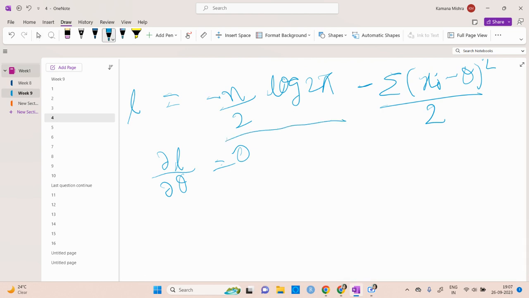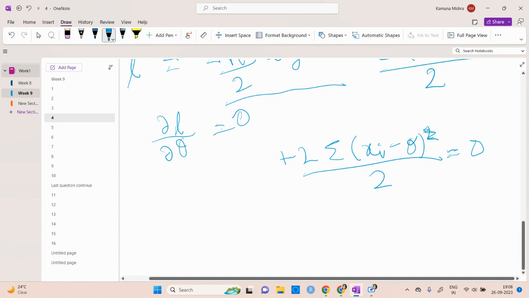So this one will be 0. This one will be minus 2 summation (xi minus theta), and for the minus it will come out as plus.